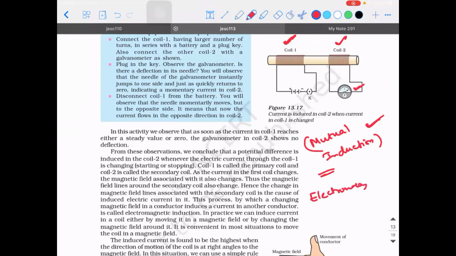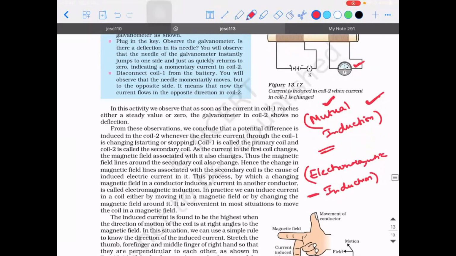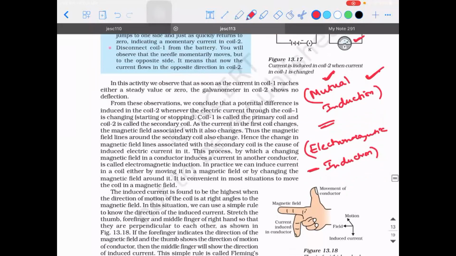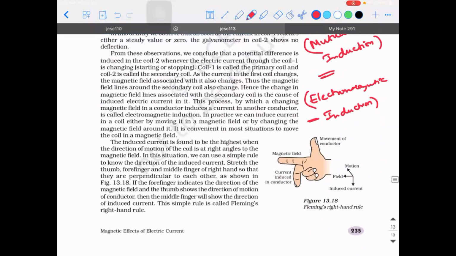Don't use the word mutual. Mutual means you will have two coils. That is the meaning. But still the principle is electromagnetic induction only. I hope there is no confusion, right?